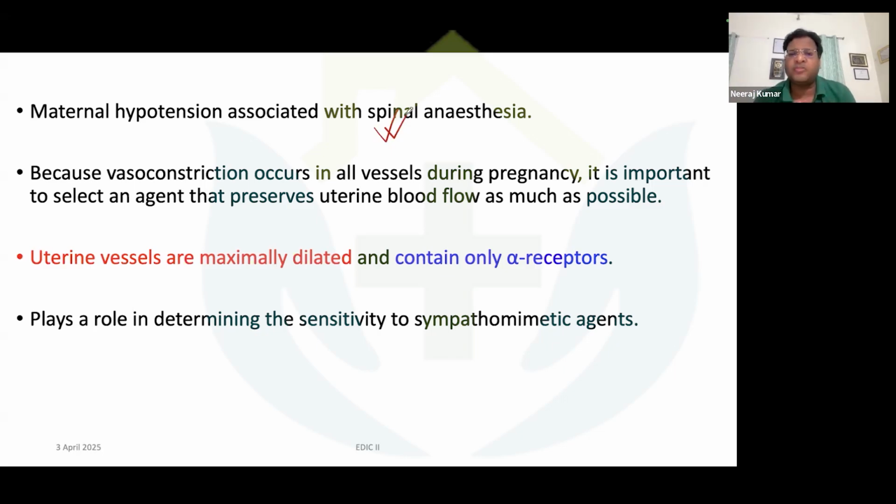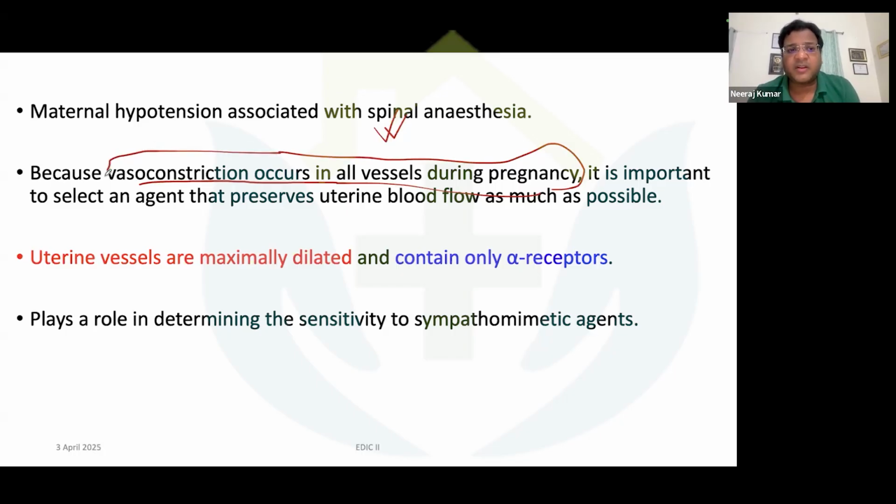What happens mostly is that vasoconstriction occurs in all vessels during pregnancy. This is normal physiology: in normal pregnant patients, all these vessels undergo major vasoconstriction. So it is important to select the agent, because of this vasoconstriction the uteroplacental blood flow is going to get compromised.